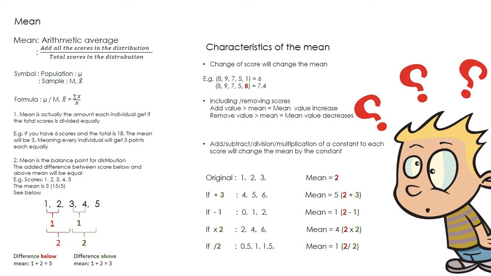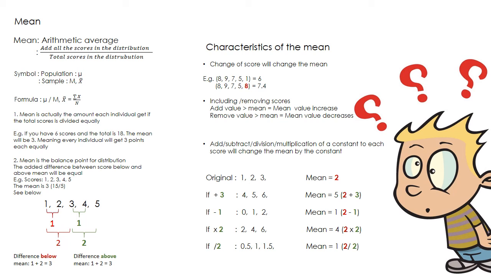So this 5, if you notice, is the original mean plus 3, because we added a constant value of 3 to every score. So you are just making it bigger.